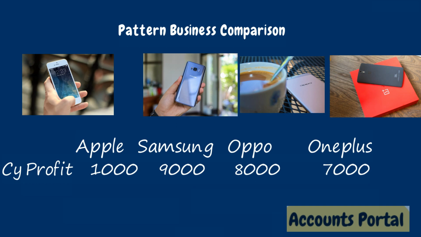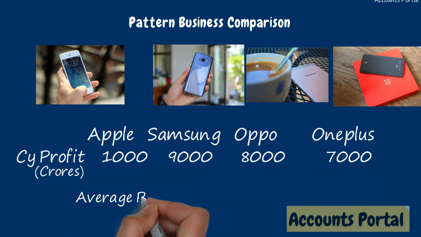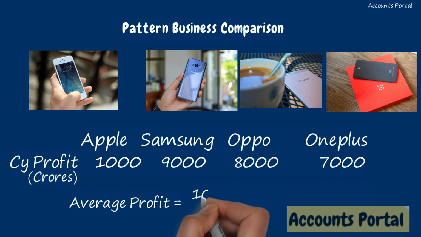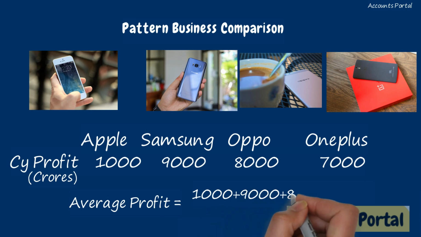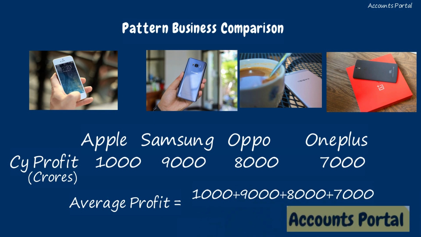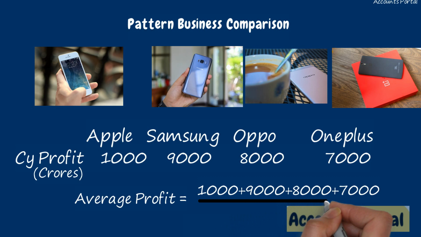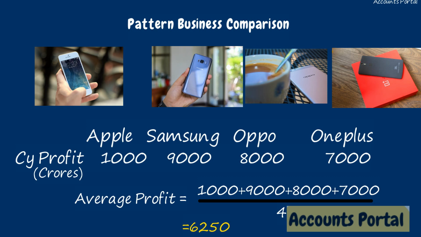So, the average profit is 1000 plus 9,000 plus 8,000 plus 7,000 divided by 4. What is the average profit, Nana? 6,250. So, which company is making good profits? Samsung, Oppo, OnePlus. But practically, Apple is making more profit. Just as an example.